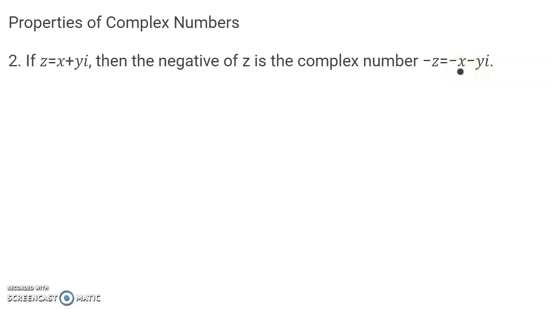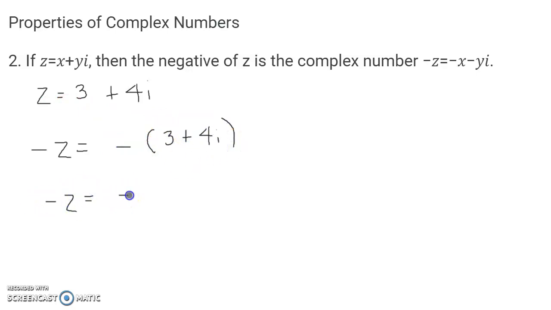So for example number 2, given c is equivalent to 3 + 4i, we get the value of negative c by just multiplying negative 1 to c, that's 3 + 4i. So the negative value of c is equivalent to negative 3 minus 4i.